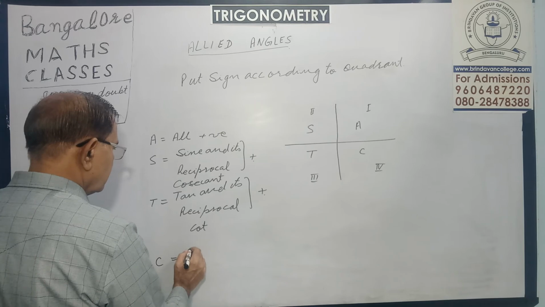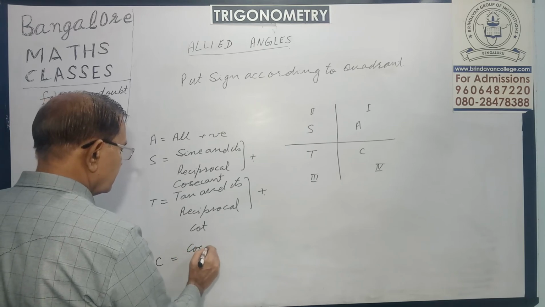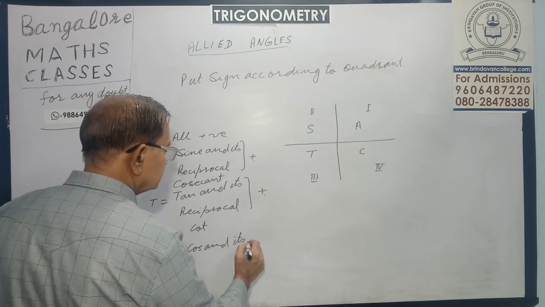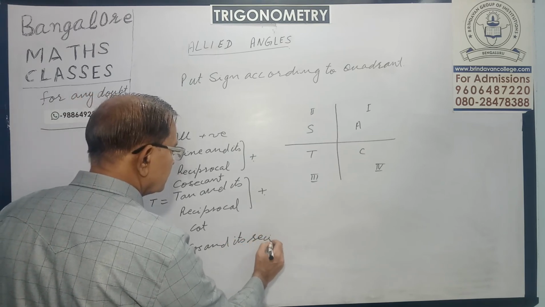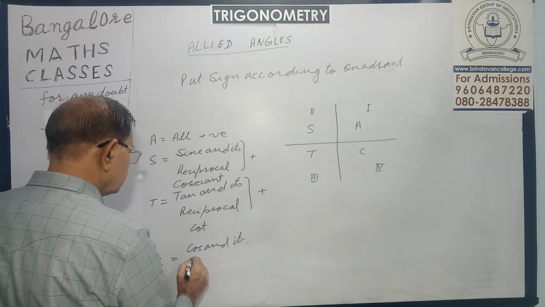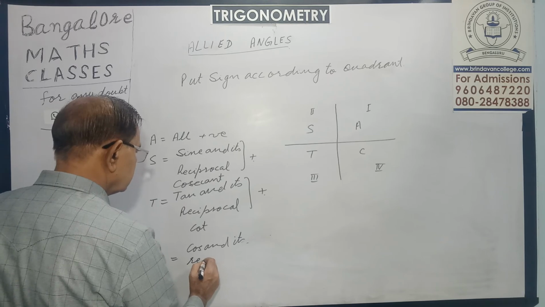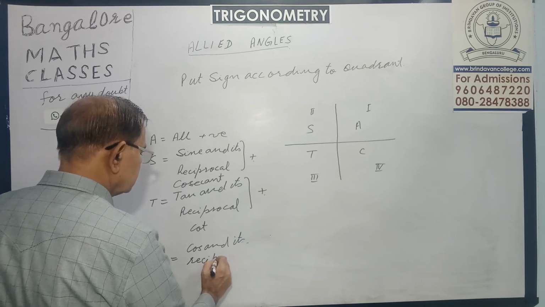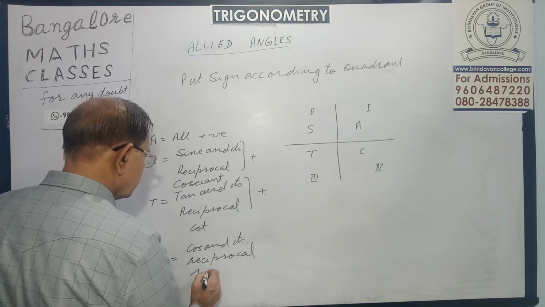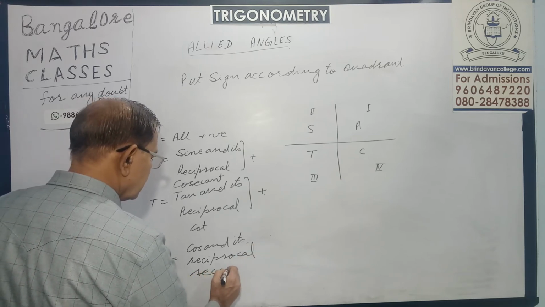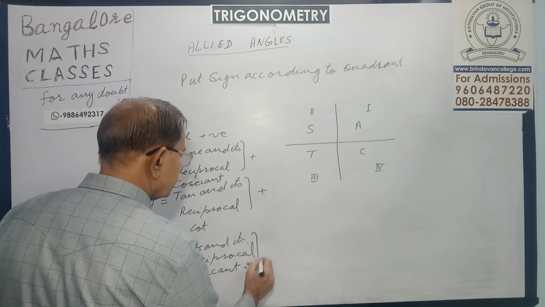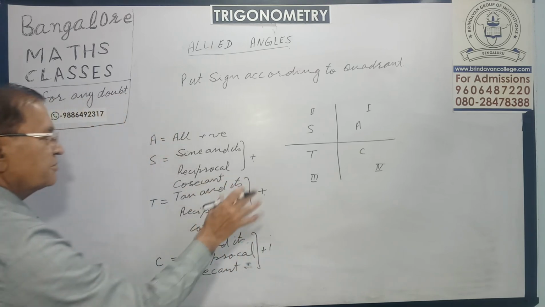C for cos and its reciprocal secant, positive and remaining negative.